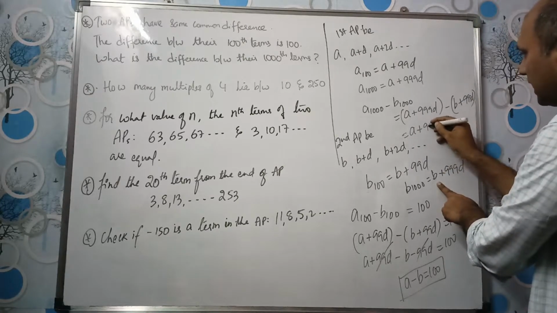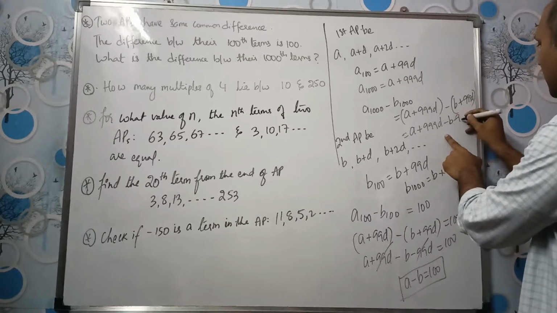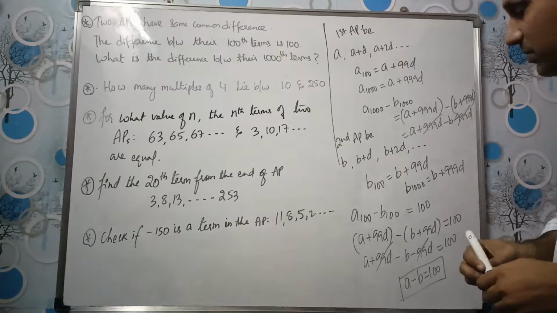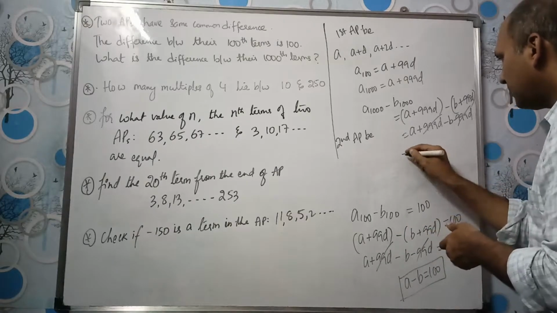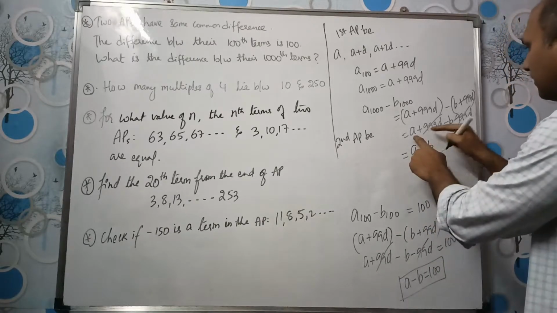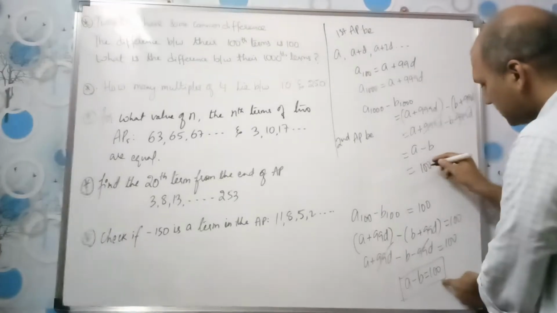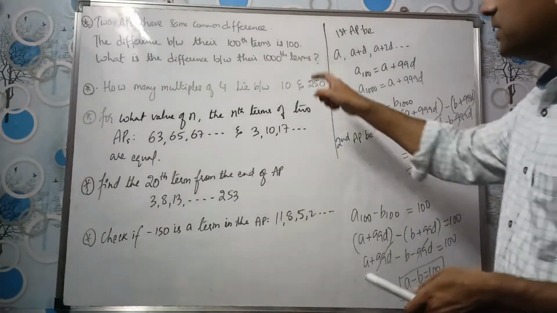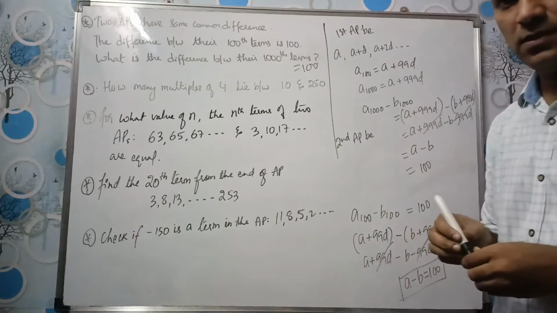If you remove the brackets, 999D minus B minus 999D, 999D will be equal to 0, right? So we have A minus B left. Now we know A minus B is equal to 100. Okay. So the difference between the 1000th terms is also 100.